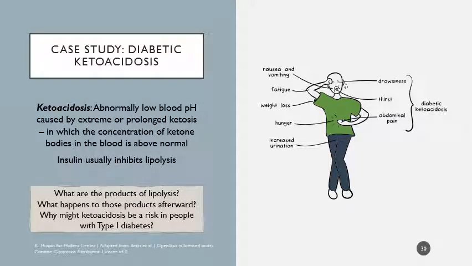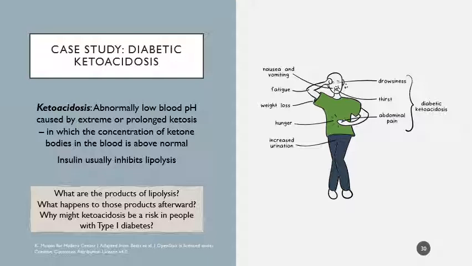Remember, the products of lipolysis: you're breaking apart triglycerides into monoglyceride or glycerol and fatty acids. A lot of things can happen to those fatty acids afterwards. So a lot of processing, a lot of acetyl-CoA and ketone body accumulation.